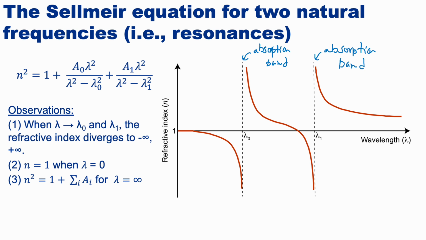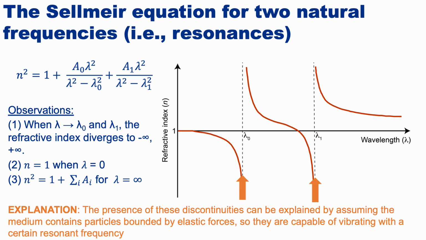The refractive index is equal to 1 if the wavelength is equal to 0, which is one extreme scenario, and otherwise it converges for a really huge wavelength. The reason we have this resonant wavelength is that we are considering that the particles in the medium are bound with electric forces, and they are able to vibrate at a particular frequency.